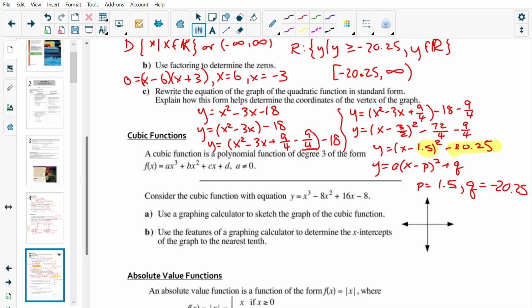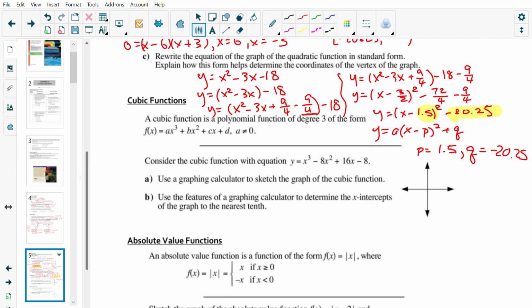Next one, cubic function. A cubic function is a polynomial function of degree 3 of the form f of x equals ax cubed plus bx squared plus cx plus d, where a does not equal 0. Consider the cubic function y equals x cubed minus 8x squared plus 16x minus 8. Use a graphing calculator to sketch the graph of the cubic function. Use the features of a graphing calculator to determine the x-intercepts of the graph to the nearest tenth.